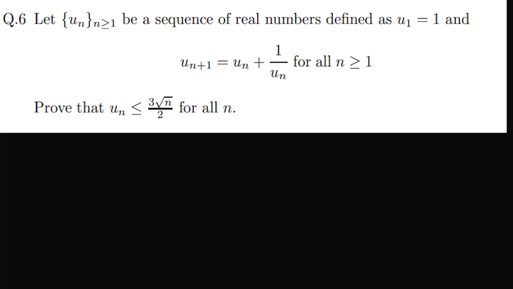Now the sixth question is, we are given the sequence of real numbers defined as U1 is 1, and Un plus 1 is Un plus 1 upon Un for all n greater than or equal to 1. Now if we find U2, U2 is going to be 1 plus 1, which is 2.